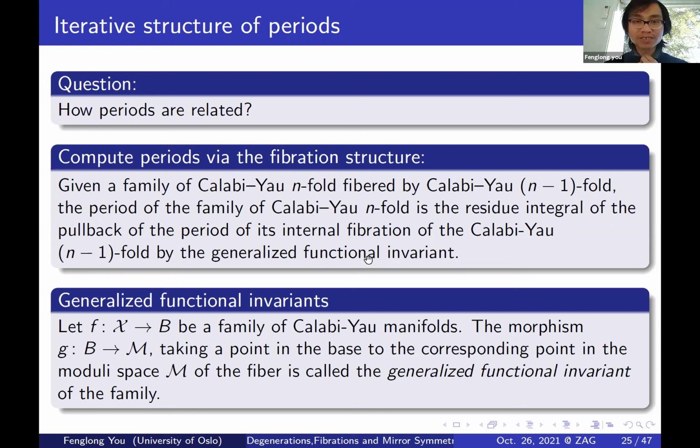This generalized functional invariant is defined below here. The definition is that if we have a family of Calabi-Yau and a morphism from the base of this family to the moduli space of the fiber, it is called a generalized functional invariant. So far it looks abstract, but if we look at an example, then it's maybe easier to understand.